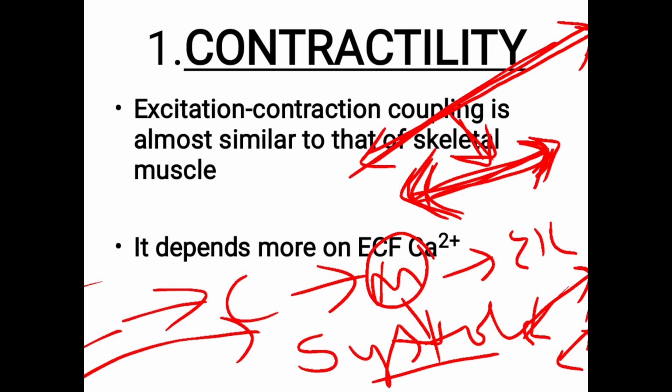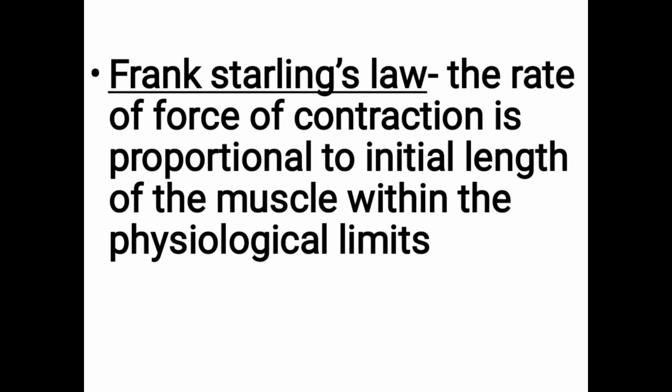This systole and diastole property can be altered by many factors. It is controlled or altered by other factors. According to Frank Starling law, he is a scientist, he set up one law.